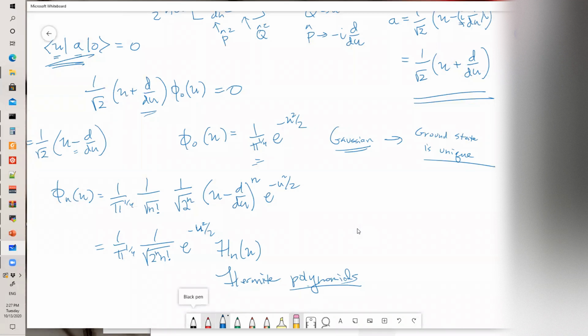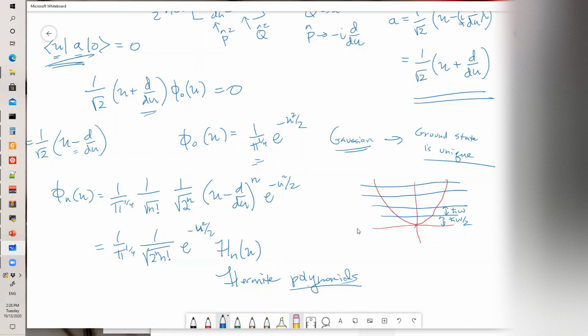And again, these states, as we found, what are they? We can draw a little schematic of the potential. They're evenly spaced, as we found by studying this number operator. And the first one is a distance h bar omega over 2 above 0. And then all the other ones are spaced by h bar omega.